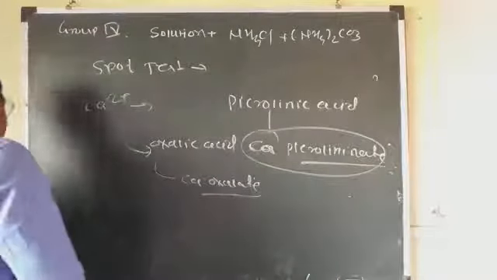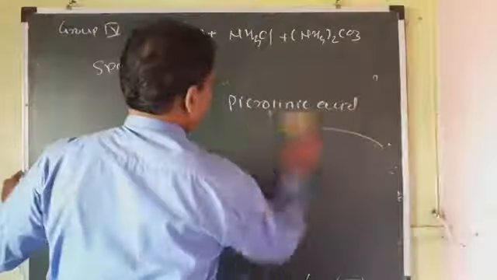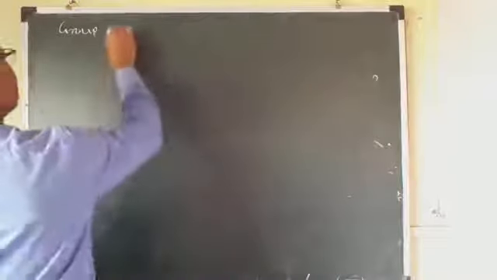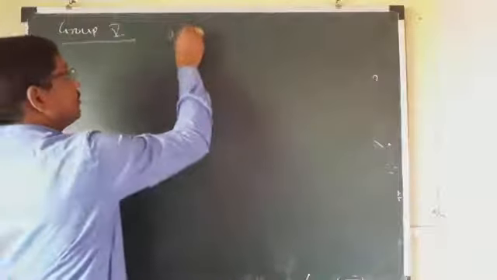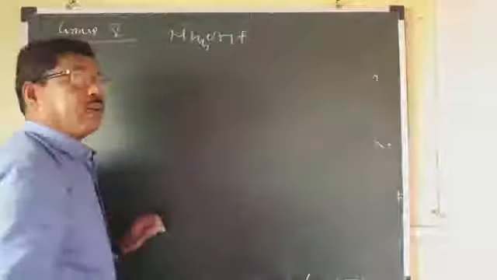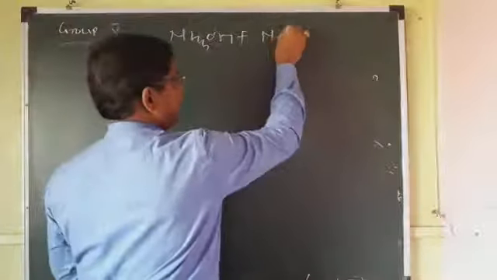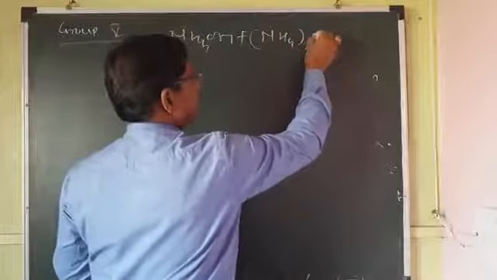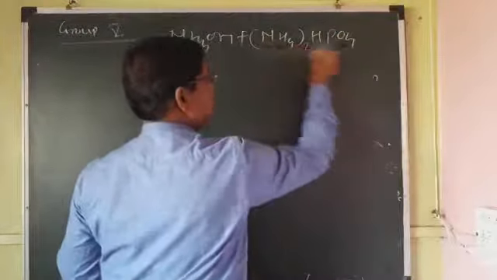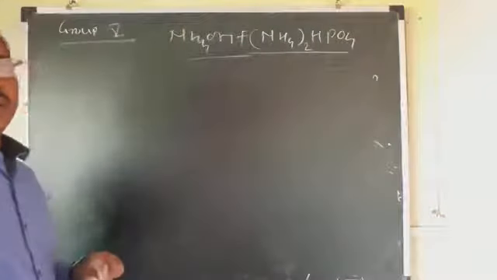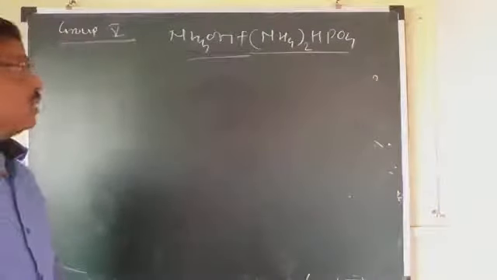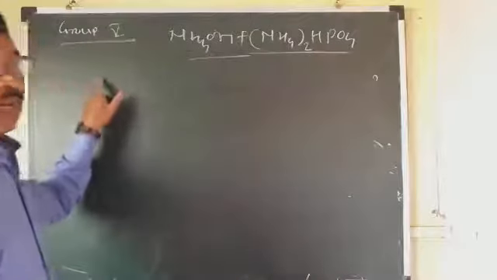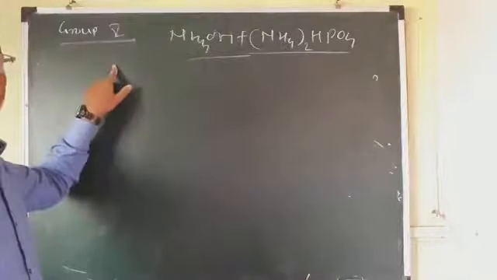Then the fifth group elements. The reagent is NH4OH plus diammonium hydrogen phosphate, or disodium hydrogen phosphate, used for the precipitation of fifth group elements.